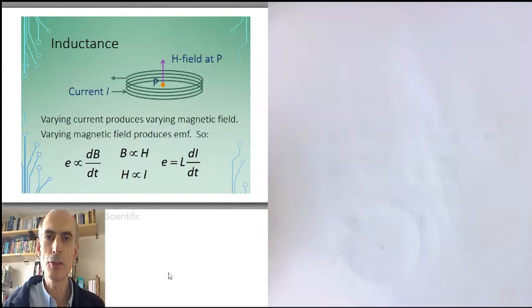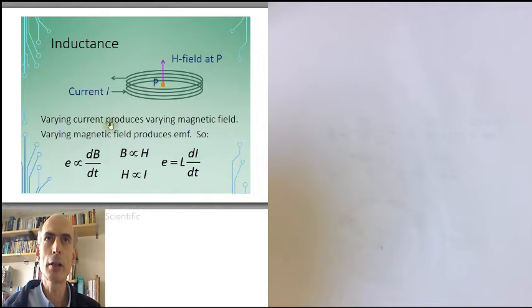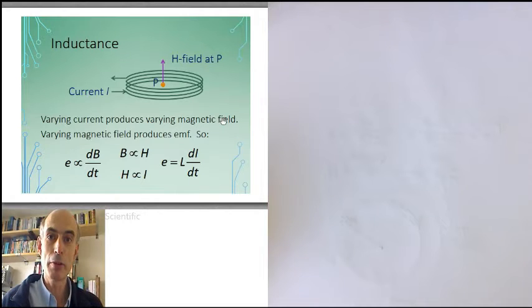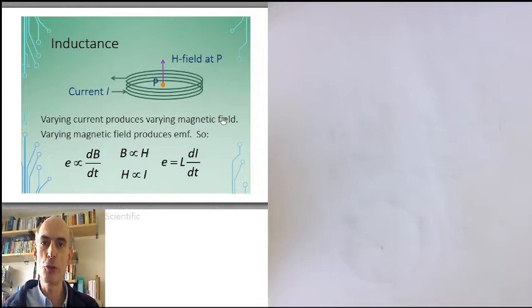We can combine this with Ørsted's experiment and realise that we now have two interesting and related effects. Varying a current produces a varying magnetic field. You don't need a current to be varying to produce a magnetic field. A constant current will produce a constant magnetic field, but if you vary the current, then the magnetic field will be varying.